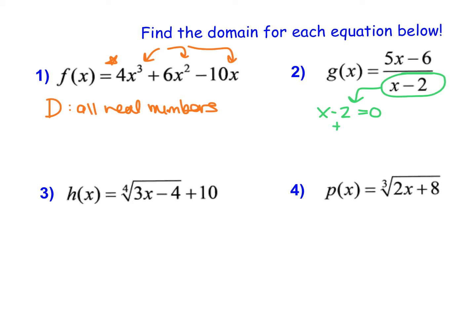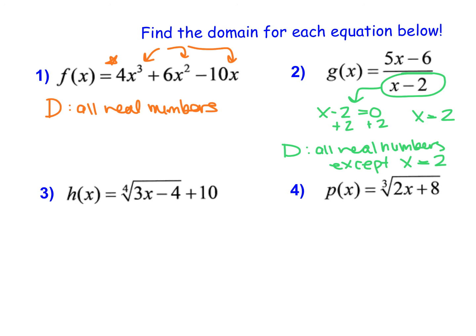So if I solve that little equation, I find that my domain is all real numbers except x equals 2. Or you could write something just like x does not equal 2. But our domain here is all of the real numbers except x equals 2. It's the only one that will not work.